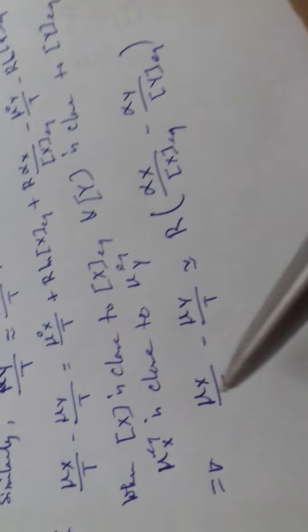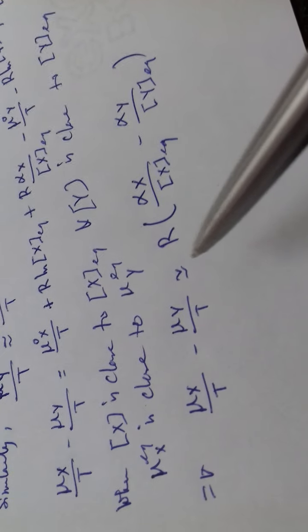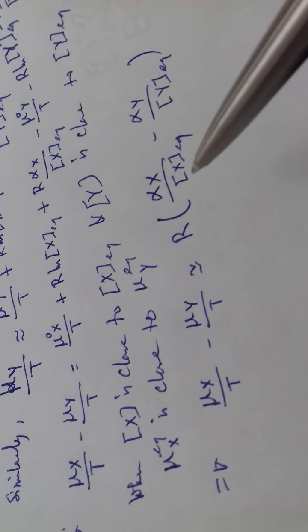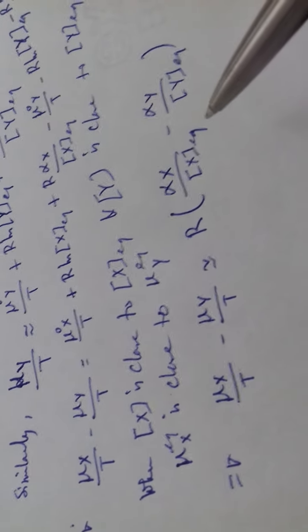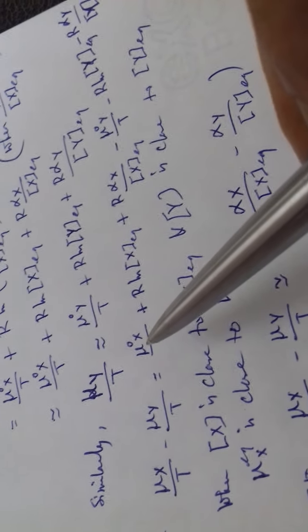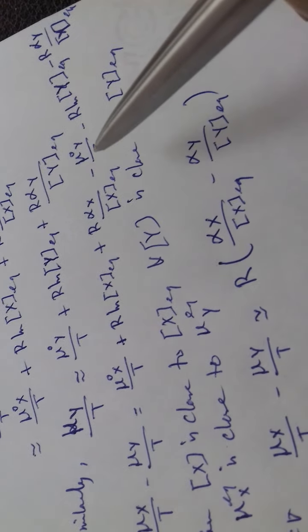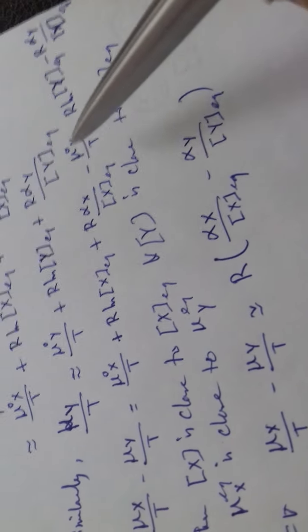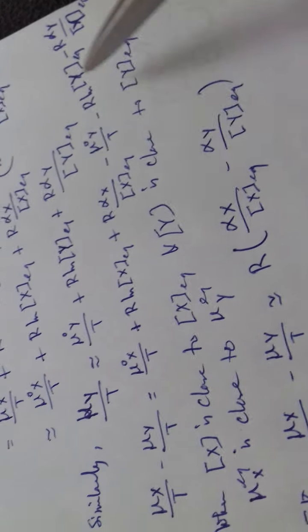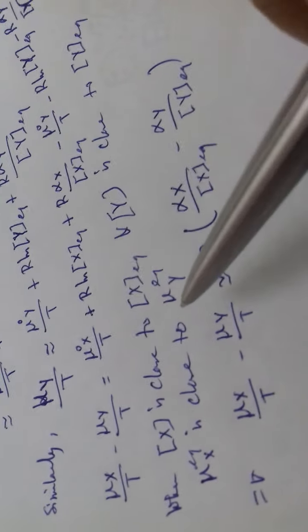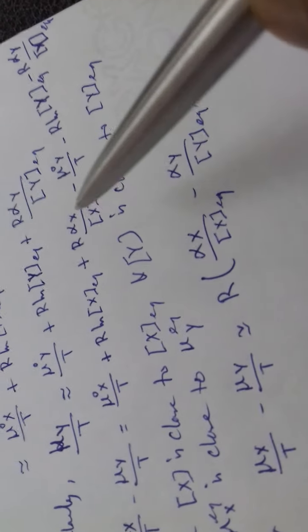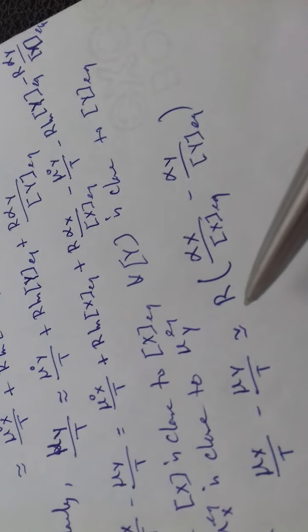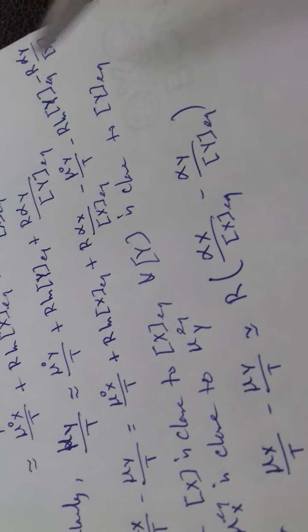So as a result, μx by T minus μy by T is very close to μx at xq minus μy at yq, and they are again quite close, so that will vanish. So what will remain? The remaining terms will be R into αx by xq minus R into αy by yq. That is the thing I have written over here.